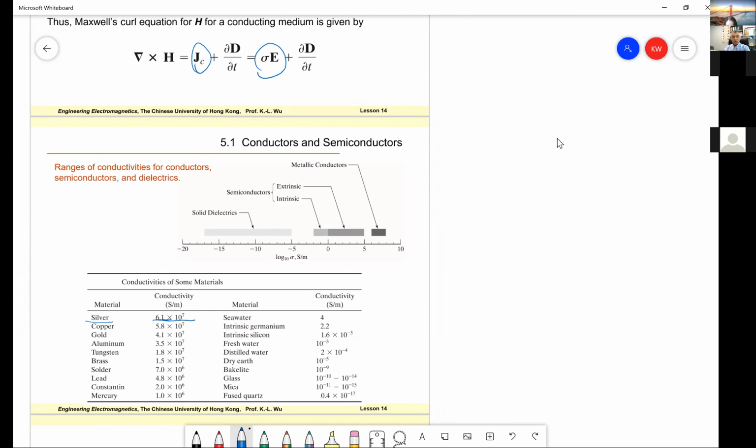Silver has the highest conductivity, that is true. But the problem is silver is very easy to oxidize when exposed in air. The most stable metal, subject to oxidation, is gold.